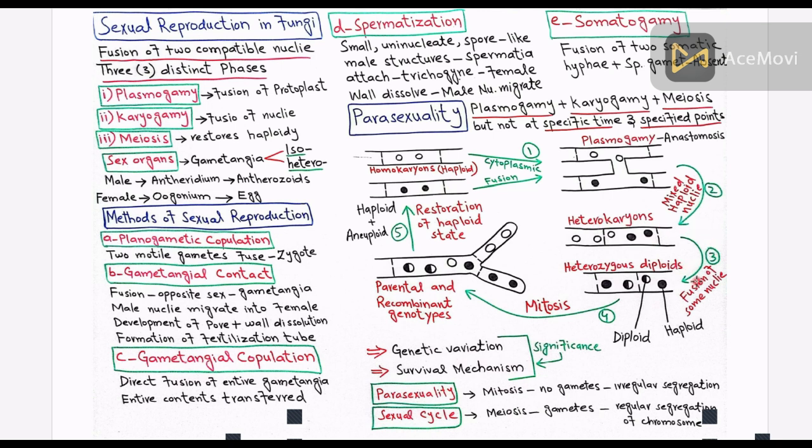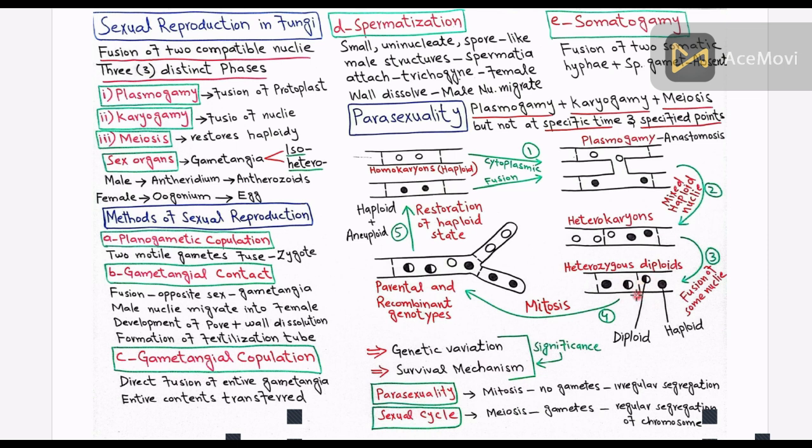The next step is the production of heterozygous diploids, in which fusion of two nuclei takes place. As a result, heterozygous diploids are produced. As you can see here, this is the heterozygous diploid.